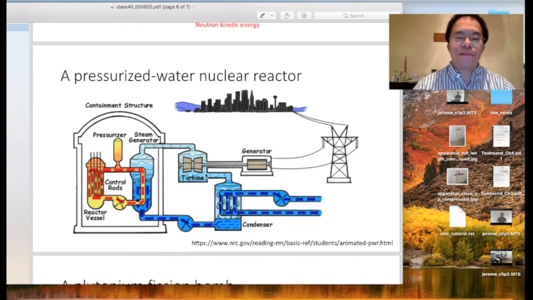Now, nuclear power, there are still all sorts of issues that this raises. Like, what do we do with the highly radioactive waste that is a byproduct of fission reactors?